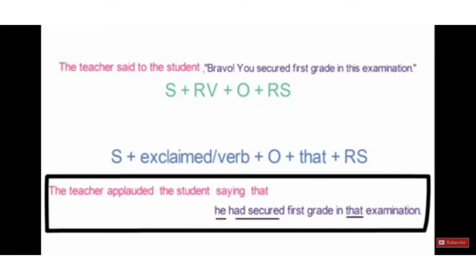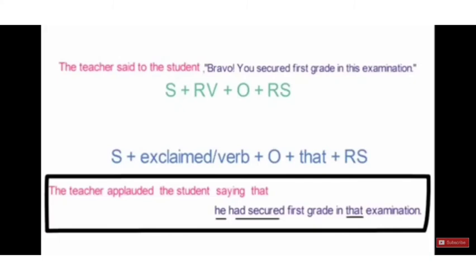Tense: secured, past form, becomes past perfect. So secured becomes had secured. Next we change the time denoting word. This becomes that. So the final answer is the teacher applauded the student saying that he had secured a first grade in that examination. I hope you are very clear.